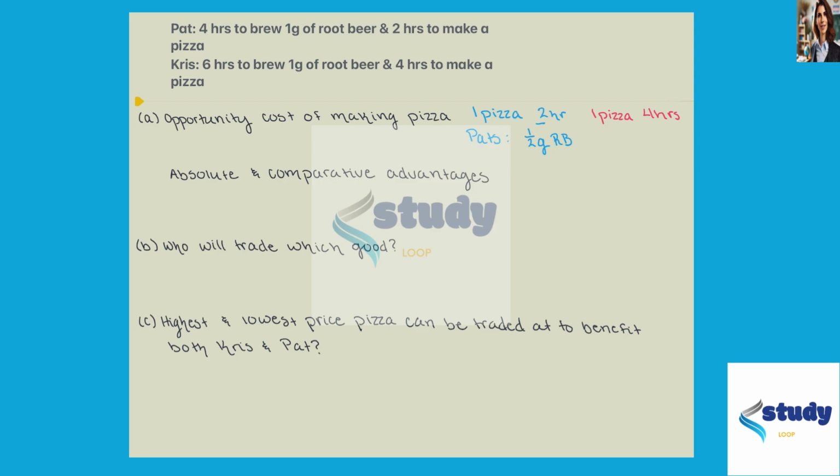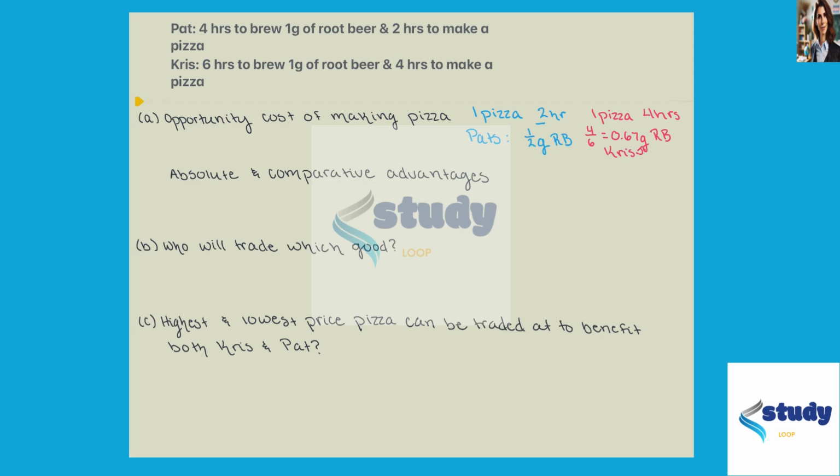So we'll divide 4 hours by 6, because this is her 4 hours for a pizza, 6 hours for a gallon of root beer. Dividing them by one another gives us 0.67. And what that tells us is that within those 4 hours of making that one pizza, she could have made 0.67 gallons of root beer. So that would be her opportunity cost here. That's Kris's opportunity cost.